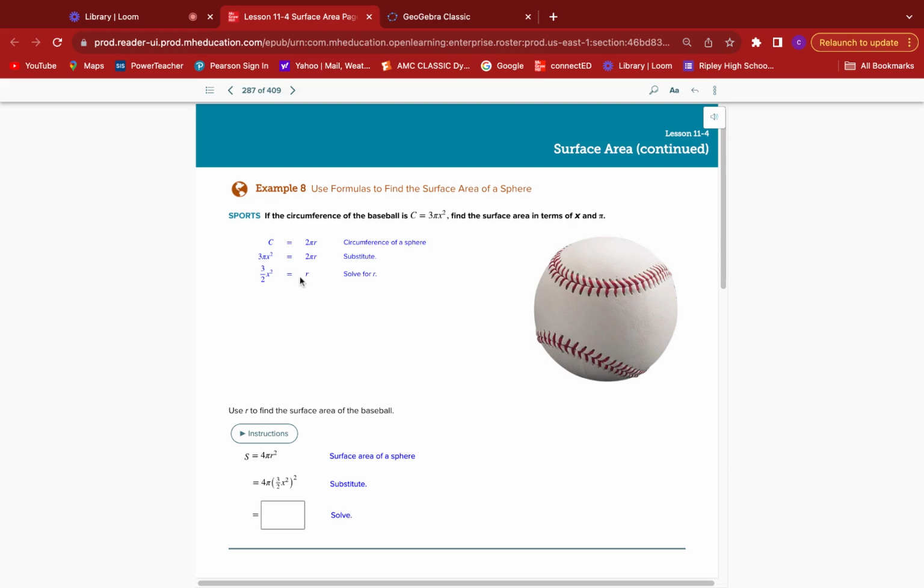This is your radius. You're going to come down here to the formula 4 pi r squared and put all of this into your r. Don't forget to square it.